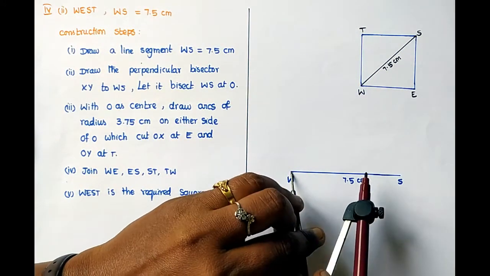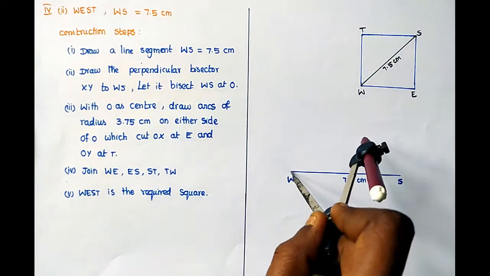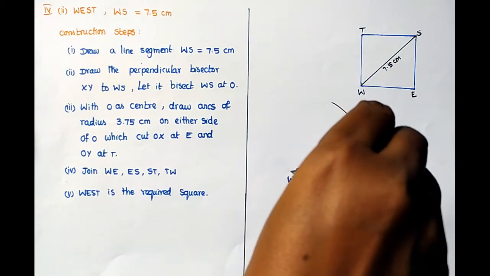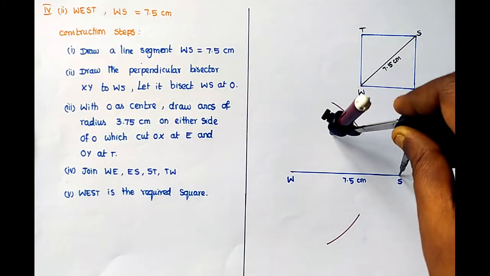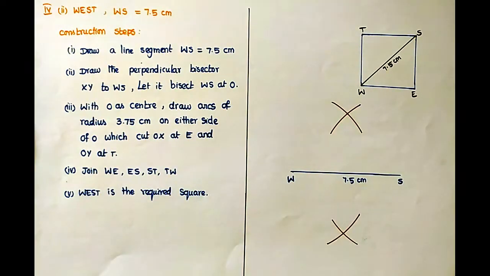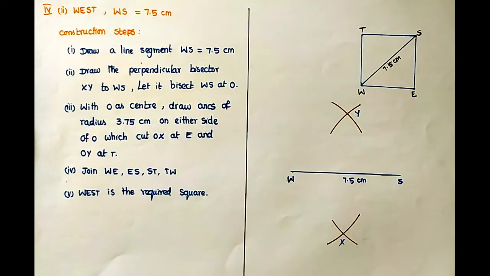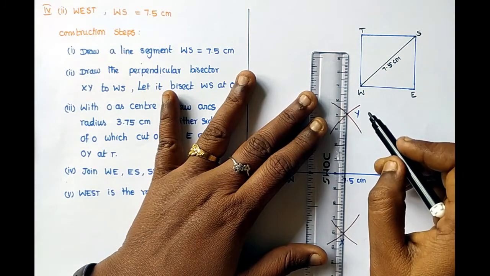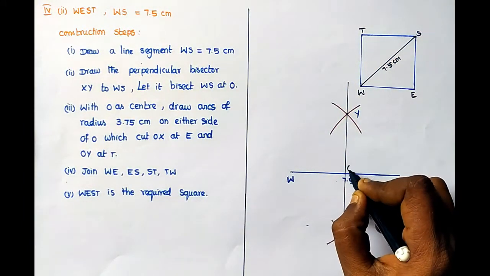In the line WS, take above half of the centimeter, and with W as center, draw an arc either side of the line WS, and with S as center also draw another arc to cut the previous arc either side of the line at X and Y. Now join X and Y, through the center O.